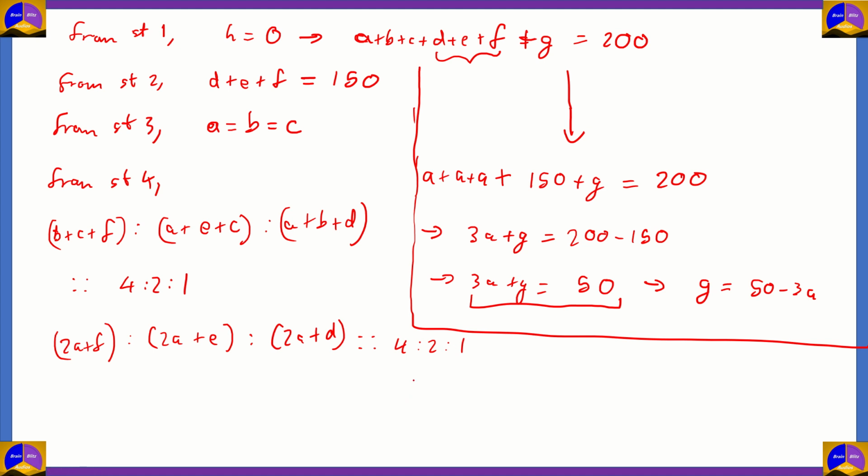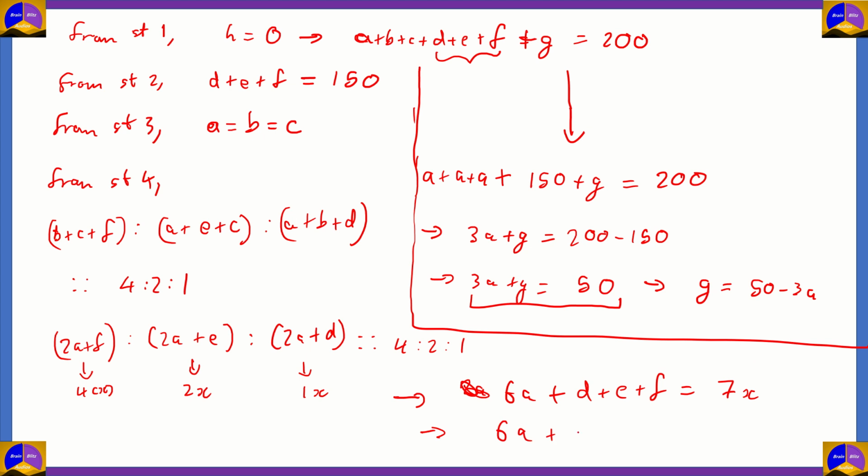Now that means if you were to add these three quantities together, since this is a proportionate scale, we can consider 2A plus F as equal to 4 of, say, X, and 2A plus E as 2 of X, and 2A plus D as 1 of X. Now, X is some proportionality constant. What that gives you is 2A times 3, which gives you 6A, plus D plus E plus F, as equal to 4 plus 2 plus 1, which is 7 times X. We know that D plus E plus F, according to statement 2, is 150.